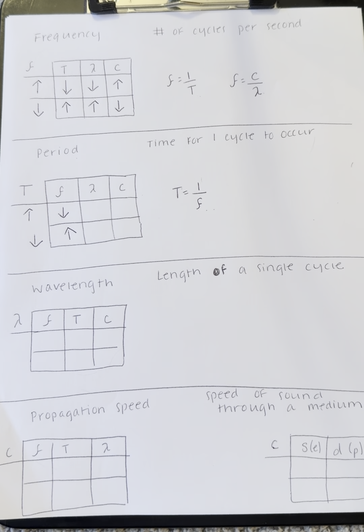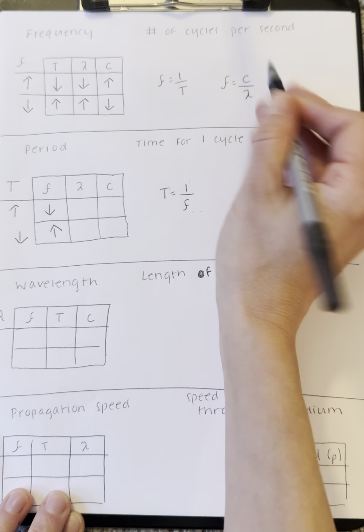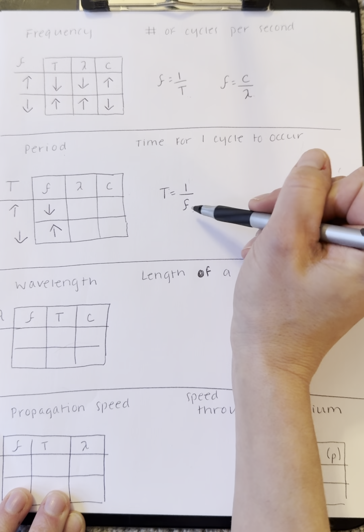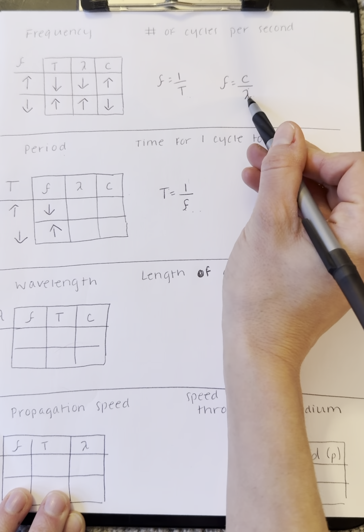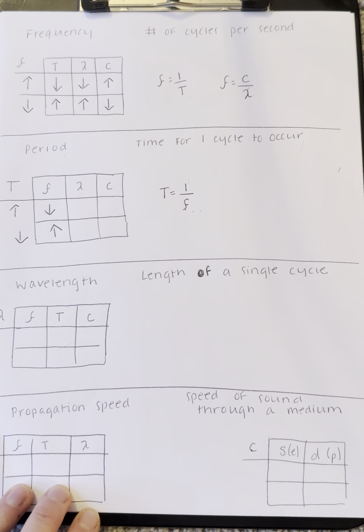So if we're going to prove that through the formula, we are going to take our formula here, right, and we'll replace frequency with propagation speed over wavelength, and then solve to simplify this equation. So let's do that.